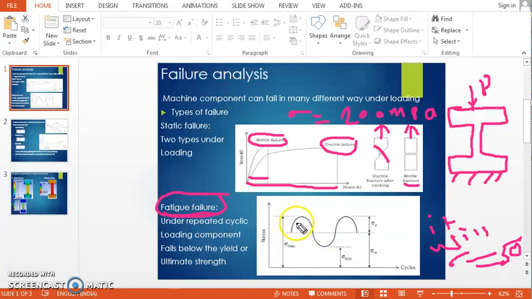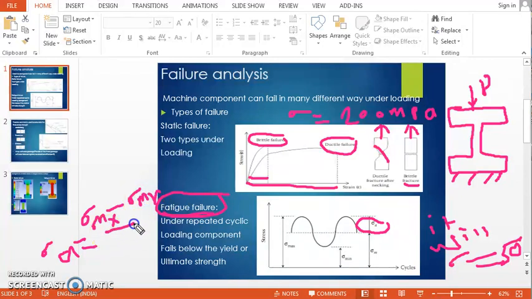You can see that there is a sinusoidal curve. The sigma A means sigma A is equal to (sigma max minus sigma minimum) by 2. This is your amplitude.